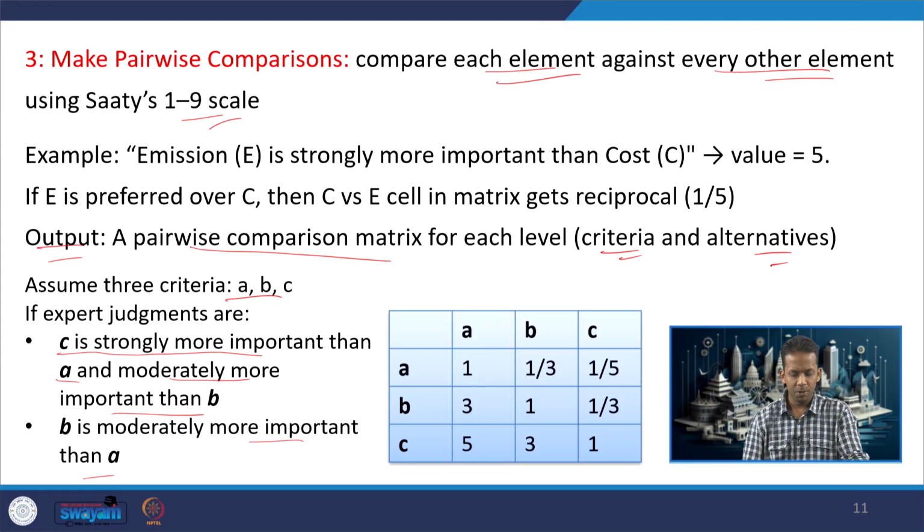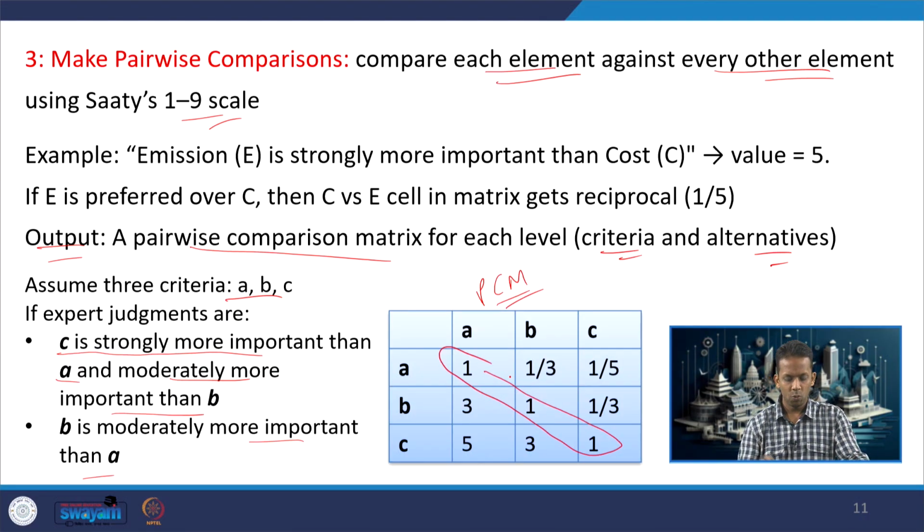How can we represent it? ABC versus ABC, that is a pairwise comparison matrix, PCM, for criteria. So, the diagonal elements are 1 because A is equally important to A, B to B, and C to C itself.